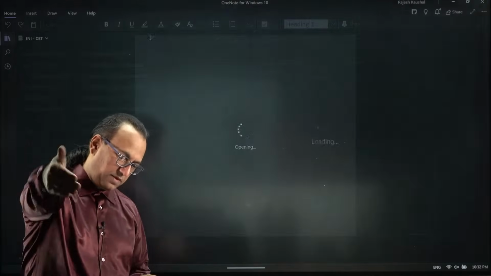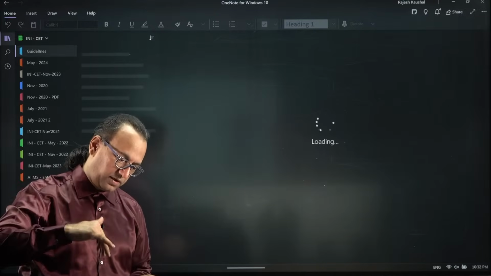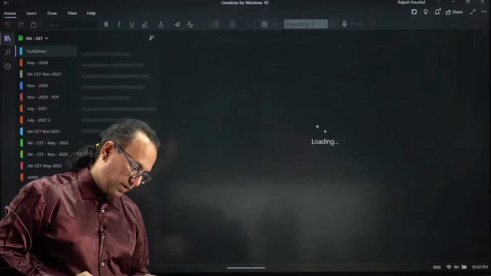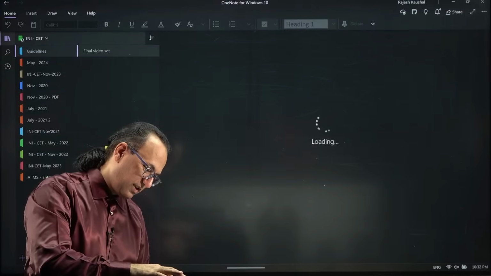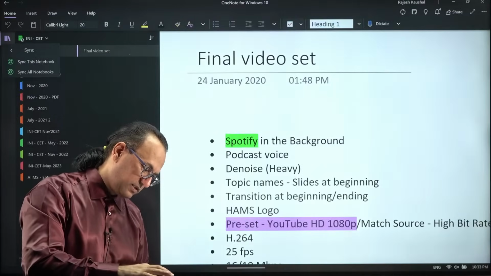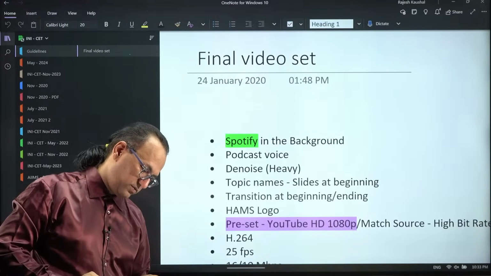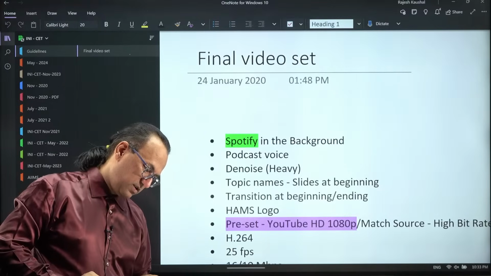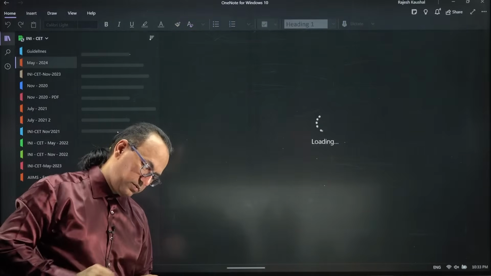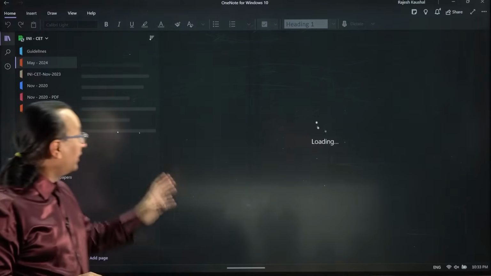My computer syncs from there to here, so after some time it will appear on this computer also. Let us hope that it has appeared.